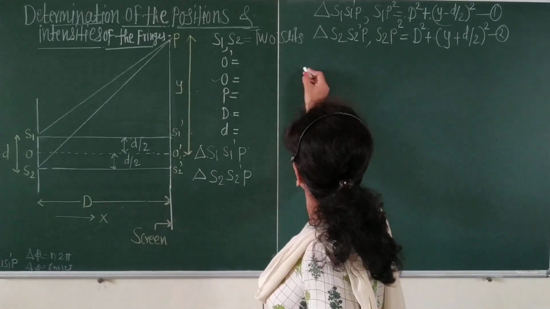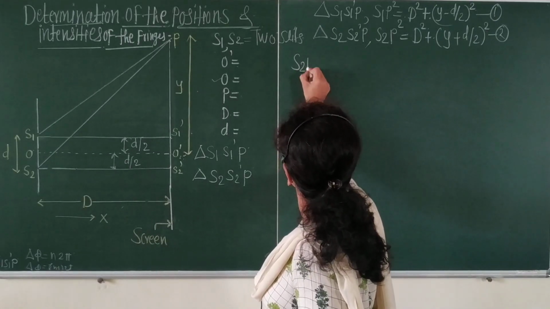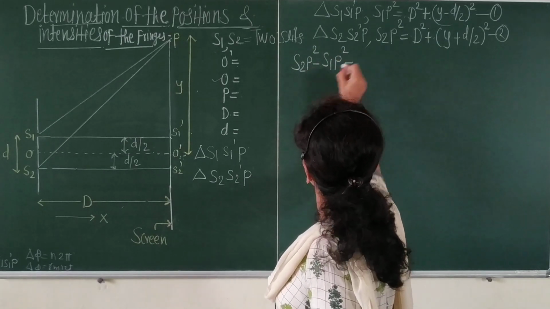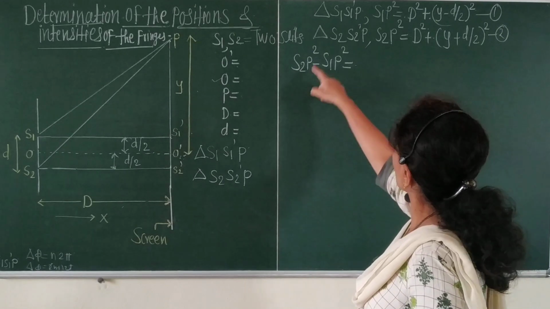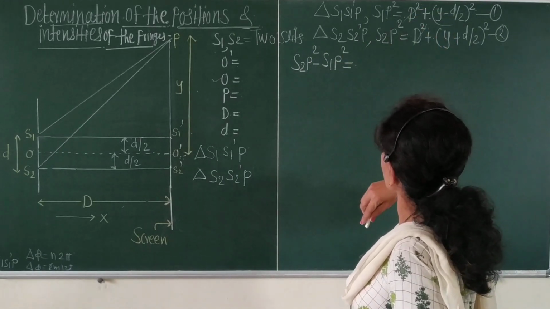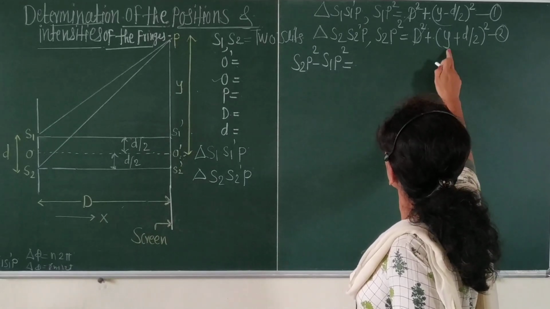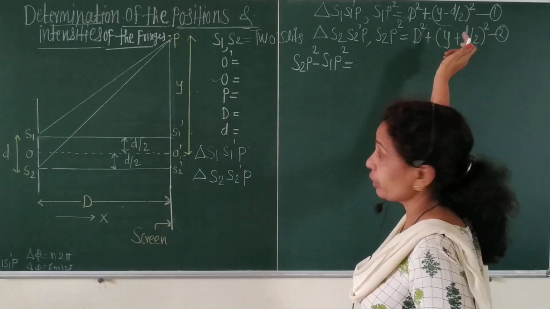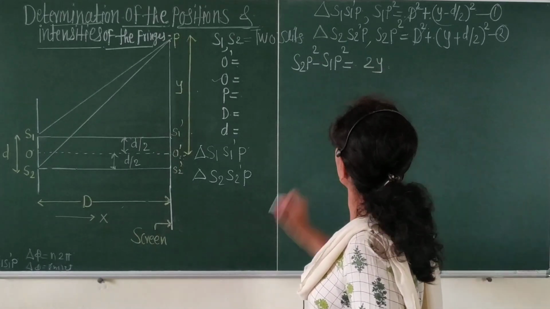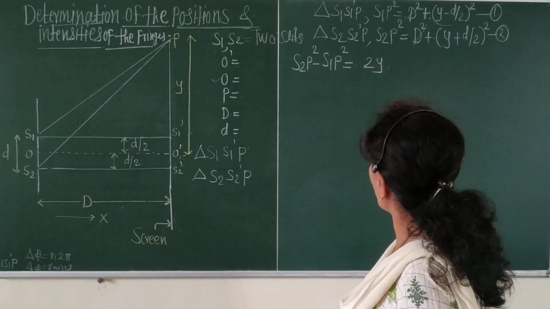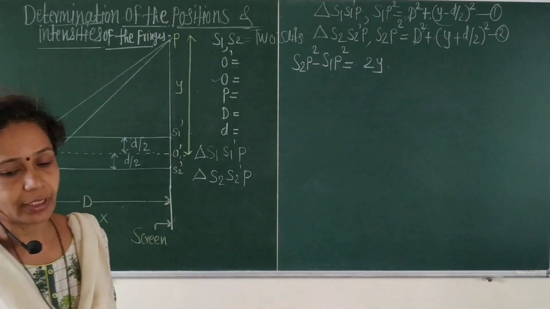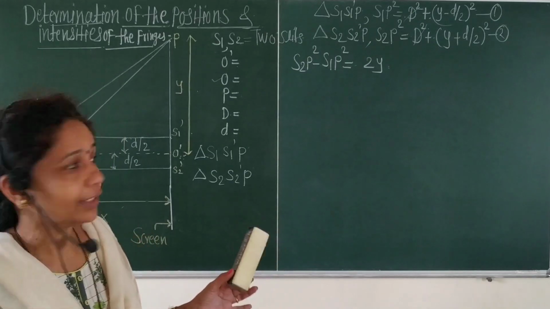Now, S2P square minus S1P square is equation 2 minus 1. The D square terms cancel, and the y square and d square by 4 terms cancel.